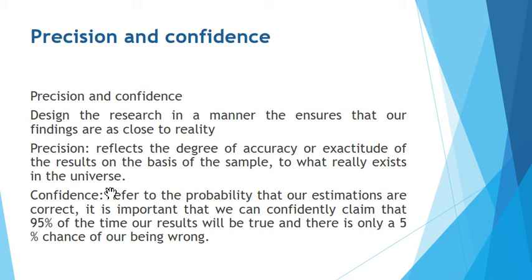Always keep in your mind that it is close to the accepted value. Class, it is not merely enough to be precise, but it is also important to be confident about your research results that you get after applying analytical techniques and analytical tools.